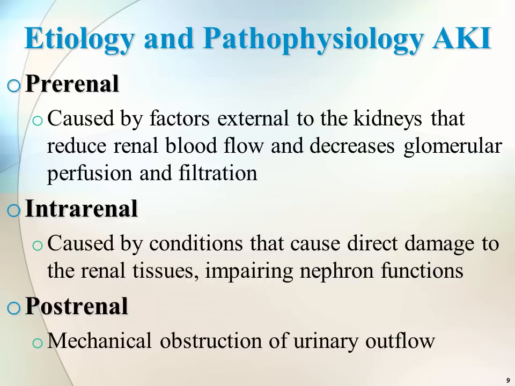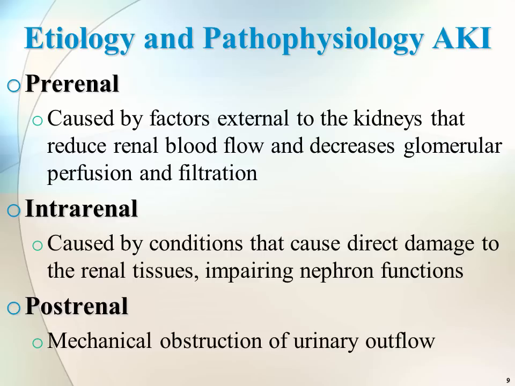Anything that blocks the blood or decreases the amount of blood that gets to the kidney in order to be filtered. It is the most common cause of acute kidney injury, and if you don't correct it, then it could result in an intrarenal problem and a more chronic problem down the road.